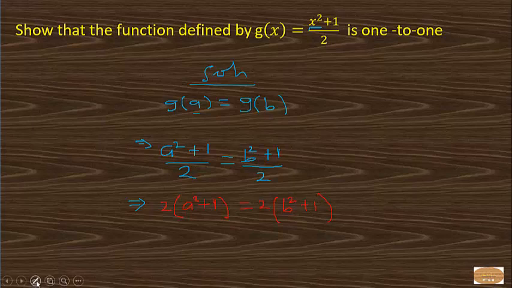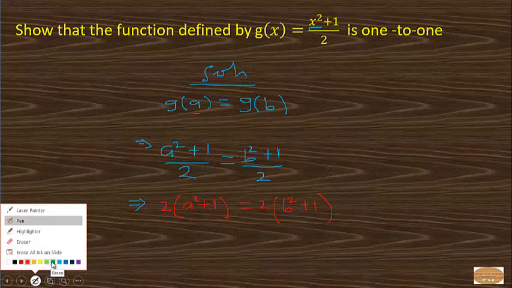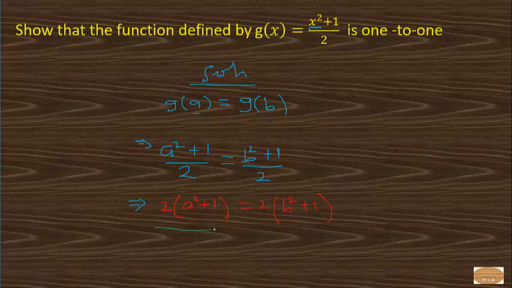So we can divide through by the 2, over 2, over 2. So this one will cancel this, and this one will cancel that. Now you can also expand, you get the same thing. So we have a squared plus 1, then b squared plus 1. So we know this one will cancel this one straight away.